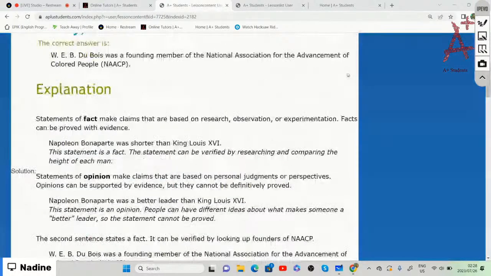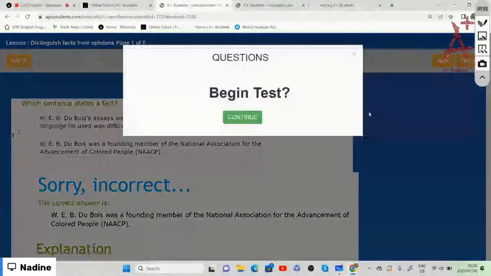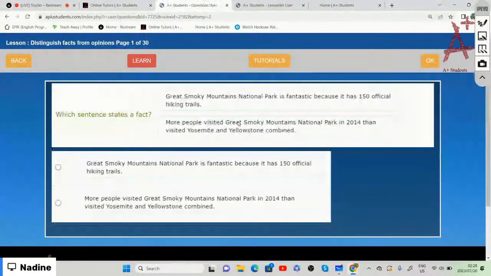All right, let us go to our test, right? And our test: which sentence states a fact? We need to say which sentence states a fact. Great Smoky Mountains National Park is fantastic because it has 150 official hiking trails, or more people visited Great Smoky Mountains National Park in 2014 than visited Yosemite and Yellowstone combined.